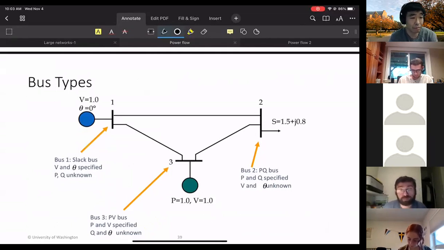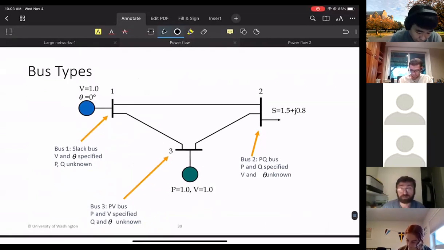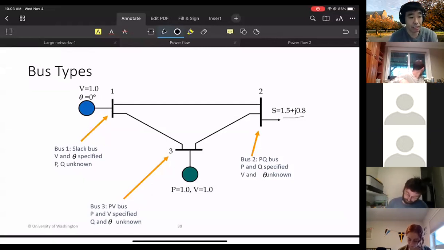We just number the slack bus being either bus 1 or bus 0. So here, let's say I have a load. This is a PQ bus. And bus 3 is a generator bus, a PV bus. So these are the 3 types of bus we have.